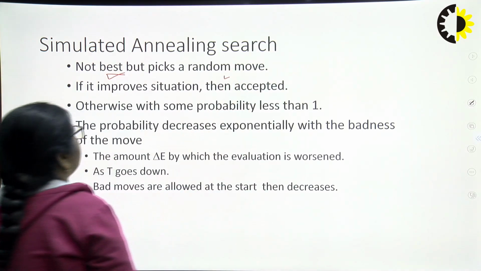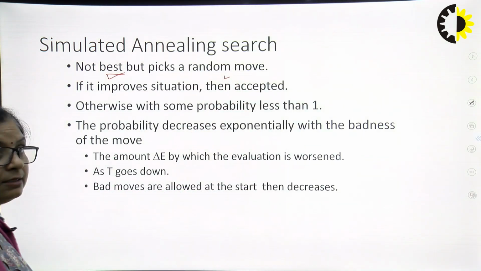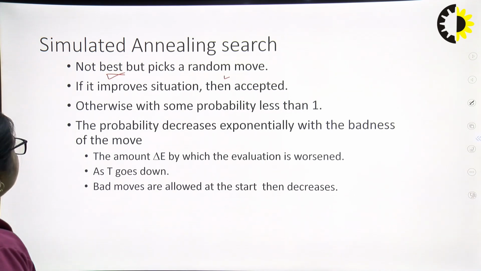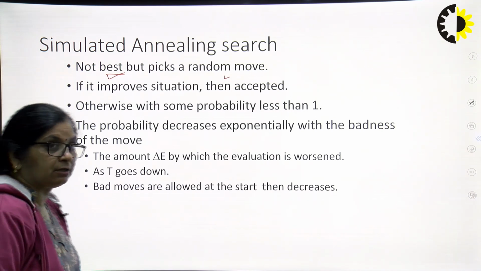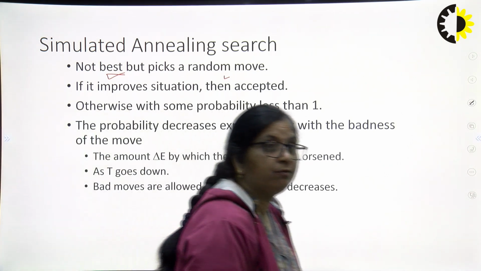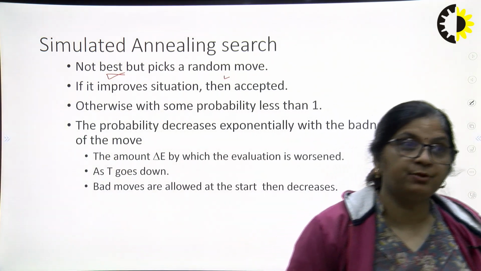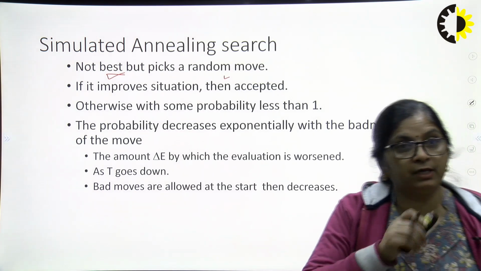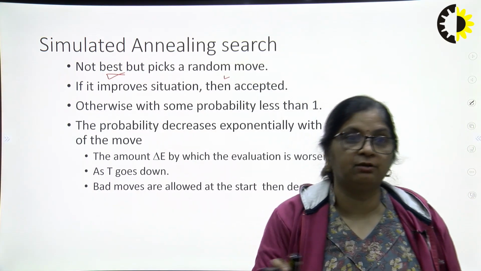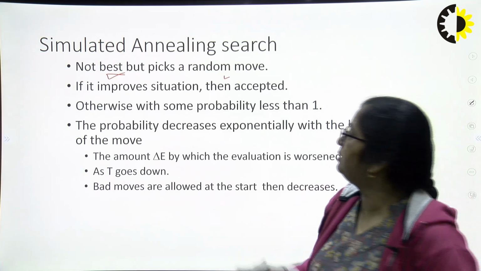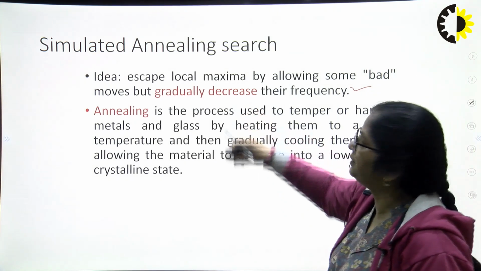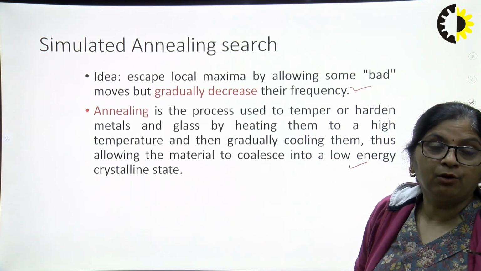So what is the way of simulated annealing searching? It is not the best but a random move, if it improves the situation. When we take the random move, if the situation is improved, then it will be accepted. If the situation is not improved, in hill climbing it was totally rejected, but here we will not reject it. Why? Because we are talking about allowing bad moves.